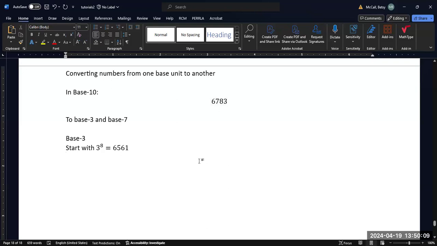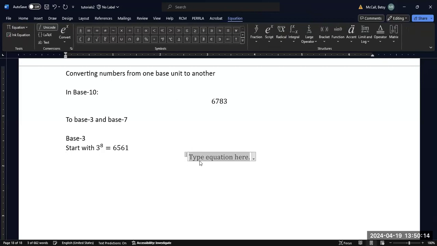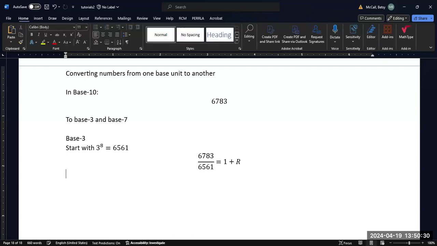The answer to that is 1. So 6783 divided by 6561 is 1 plus some remainder.